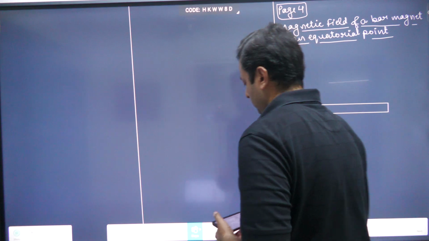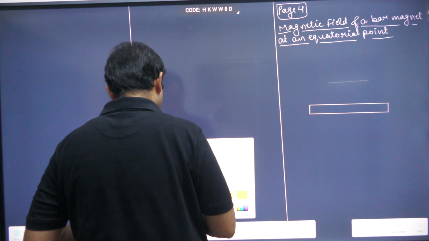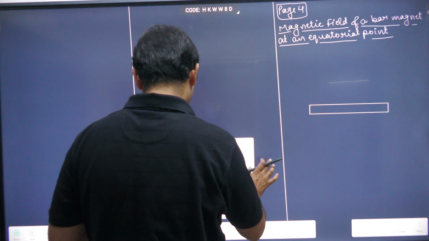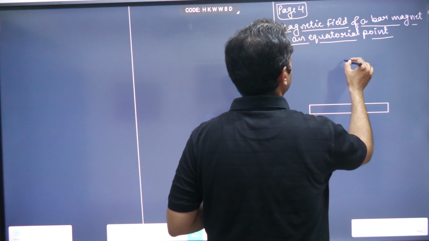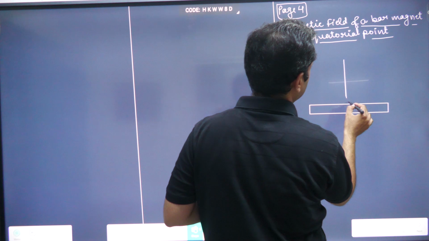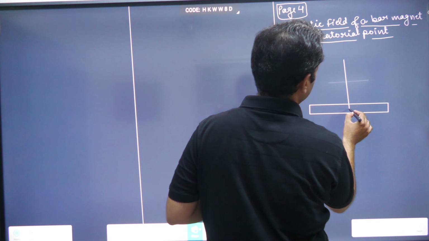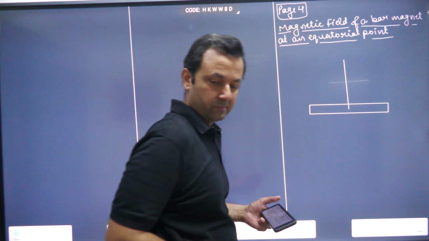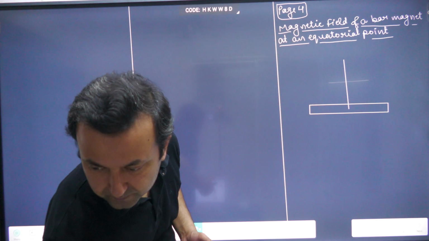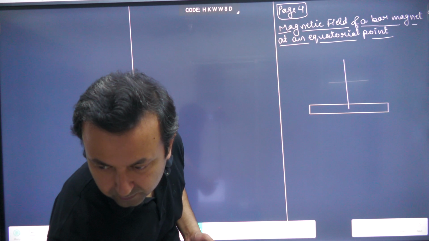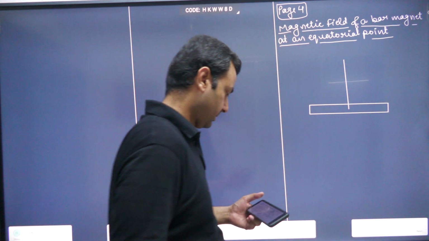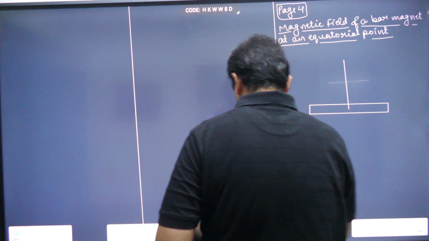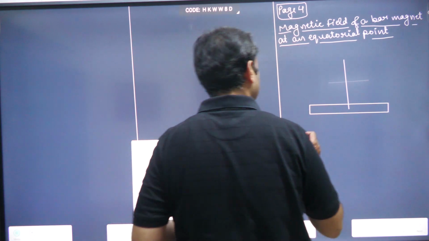So now we have considered this bar magnet, and we wish to calculate the magnetic field at its perpendicular bisector.